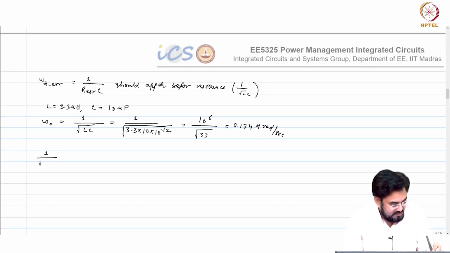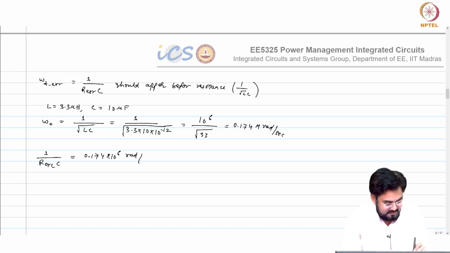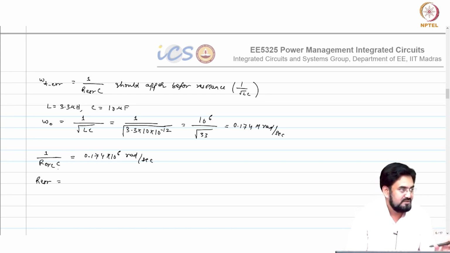So 1 over R ESR C, if I make it equal to this 0.174 into 10 power 6, we can calculate R ESR from here, the minimum R ESR value, but we will keep it slightly higher than that.